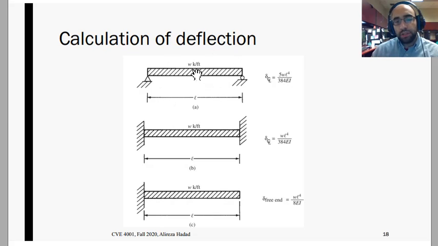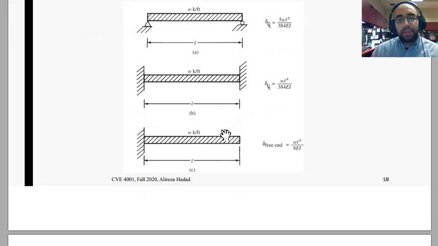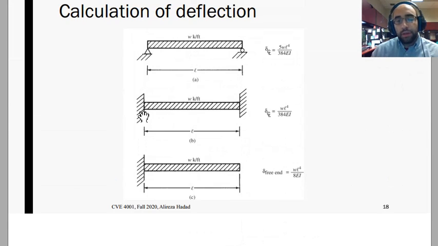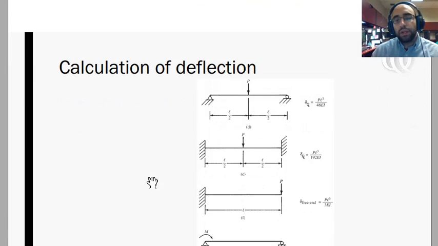For example, for a simply supported beam under uniformly distributed load, we have this equation, 5WL to the power 4 divided by 384 EI. And for other situations, whether we have different boundary conditions, like fixed or cantilever beam, or point loads, we have different forms of equation.